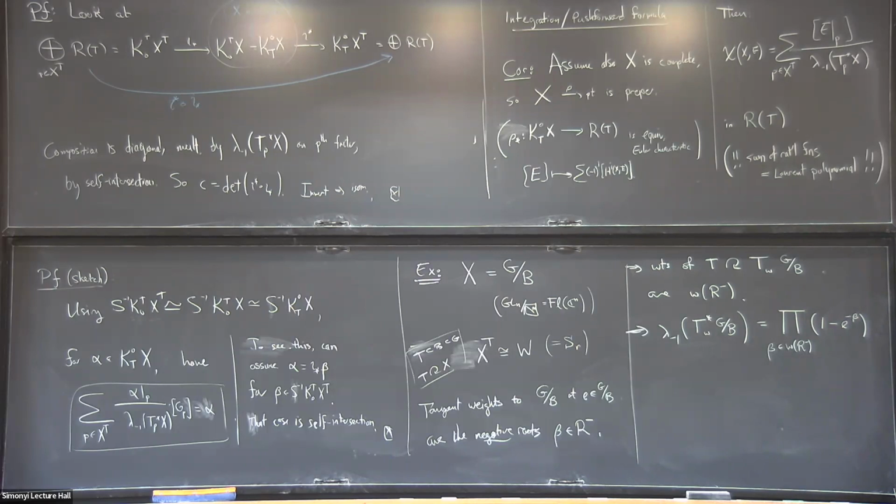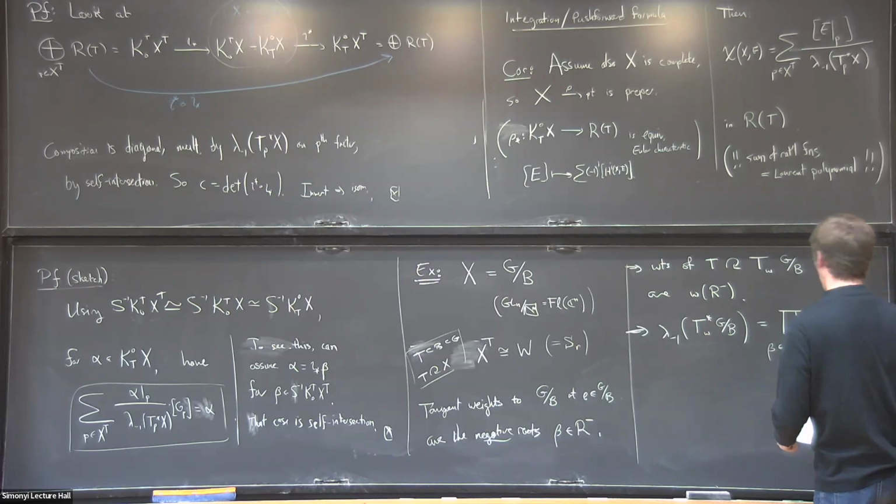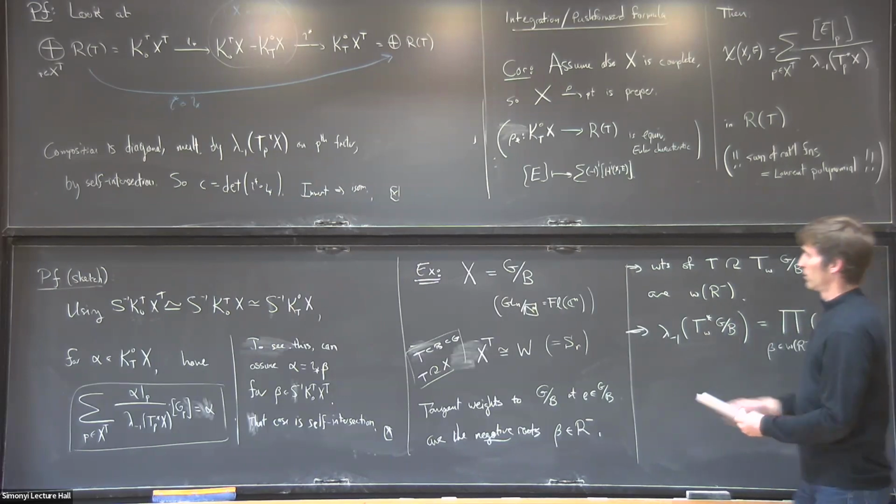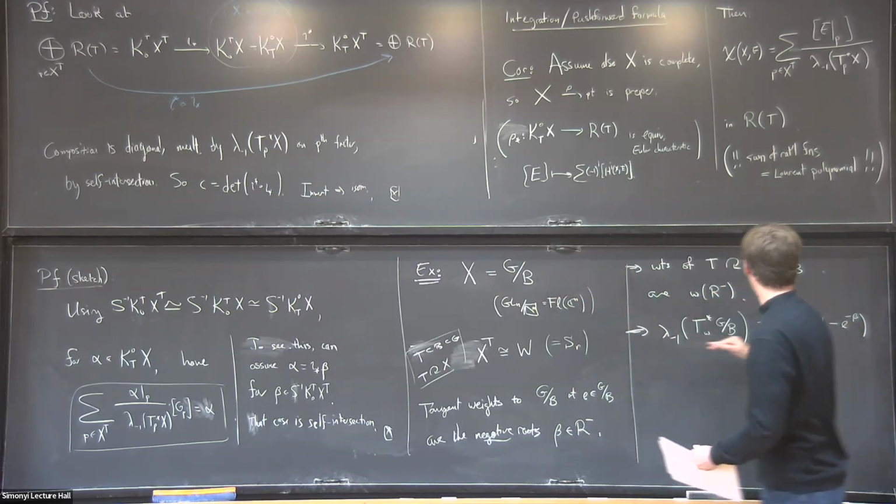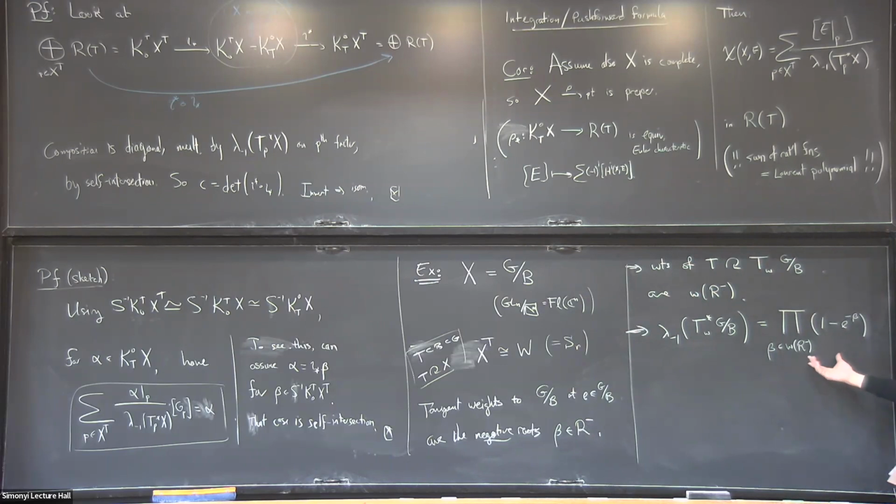And so there are going to be some negatives that are going to cancel out. Okay, so we're looking at the flag variety, and we just found a formula for the K-theory Euler characteristic at each fixed point.